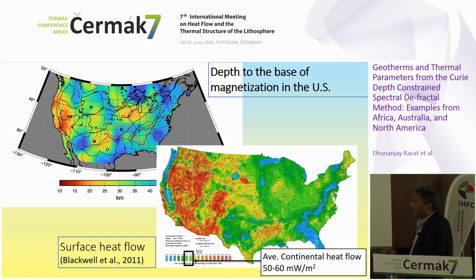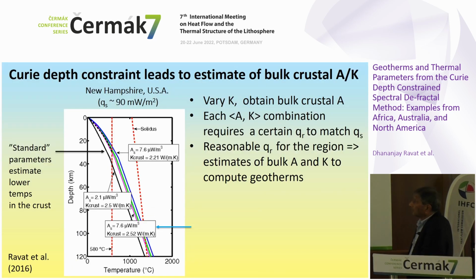You do have a lot of active tectonics and high temperatures, high heat flow in the western US. And then there are pockets here and there that are relatively higher compared to the background values. But more or less things are consistent, except when the magnetic mineralogy may be different.